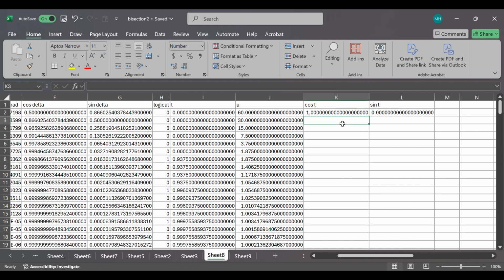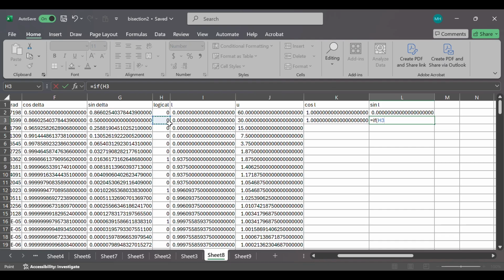So sine and cosine start off at 0 and 1 respectively. And then for cosine, if the logic is 0, we keep the old value of cosine. Otherwise, it's cosine L times cosine delta minus sine L times sine delta.